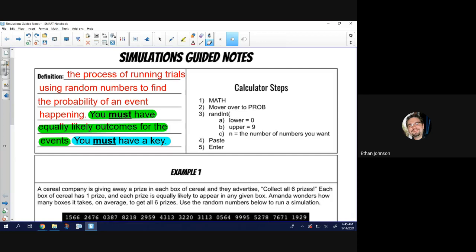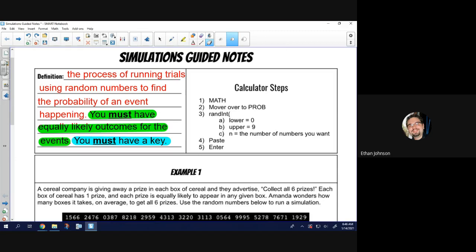Now, sometimes we are going to give you just a list of random numbers from a random number generator. However, sometimes we won't. Your graphing calculator will be able to spit out some of these random numbers for you. So, your calculator steps: first, you're going to go to math, and then you're going to move over to where it says prob.